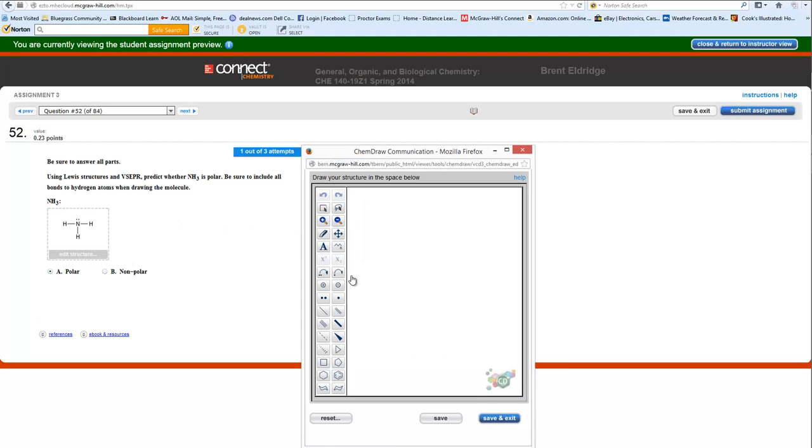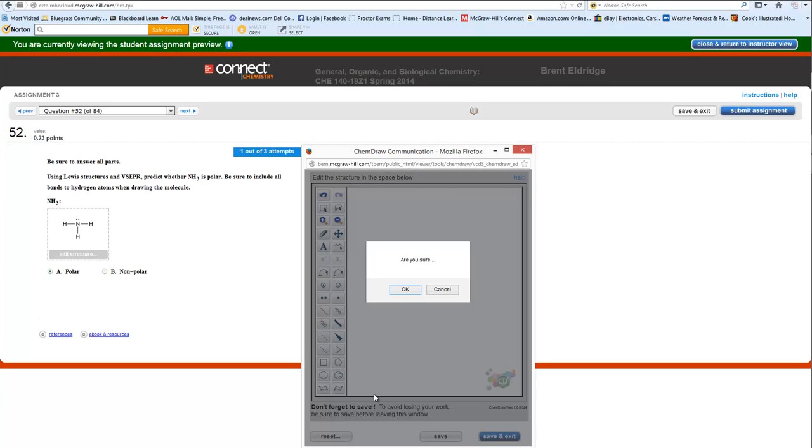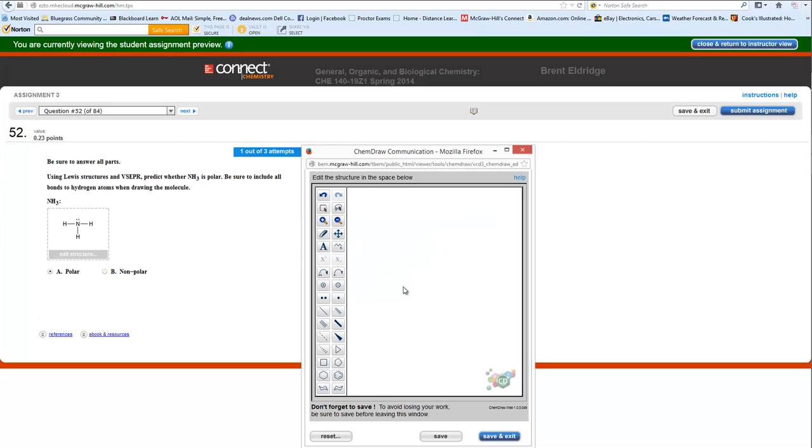Now, let me do something else with this. If I was drawing this structure, and I wanted to show the VSEPR, I probably would click the A here and put a nitrogen. And then I take the bonds here, and you could pull one down like this, and then pull one like that, and then pull one like that, and then attach the hydrogens to it.